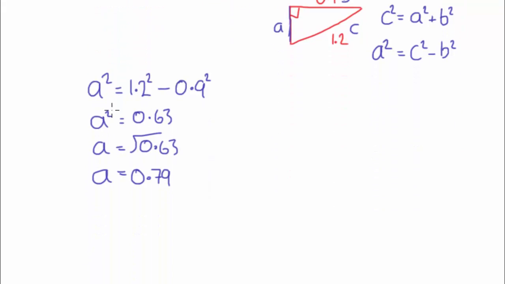Depth equals 0.79, which we just worked out using Pythagoras, plus 1.2, because that's the radius. That gives you a depth of 1.99 meters. Okay, and that's your answer for that question.